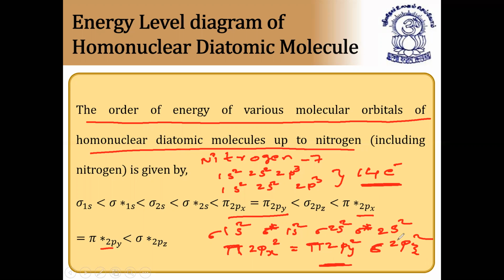Some will be going for bonding, some for antibonding, following this pattern. This is the pattern for homonuclear diatomic molecules up to nitrogen, including nitrogen. Up to nitrogen means we can even write it for carbon, beryllium, boron, helium, hydrogen, etc. So I hope it is clear. From this we can also find bond orders.